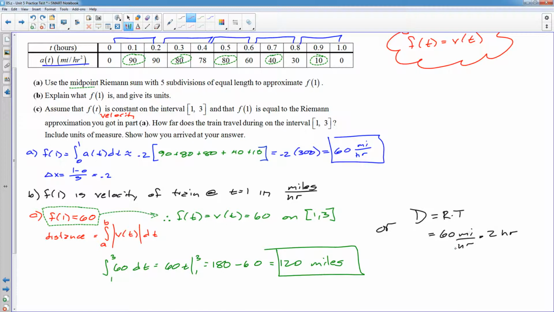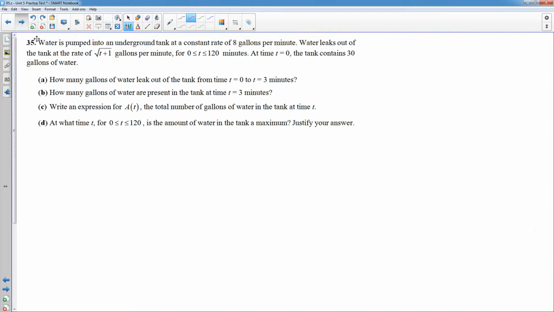And the hours would cancel, leaving you with simply 120 miles. And that would have been an acceptable way to do it also, but it's very rare that you get to use Algebra 1 to answer a calculus question. So I chose to show you the original way because this method works every single time, even if the velocity is not constant. So that's why I chose to go the long way on C there.